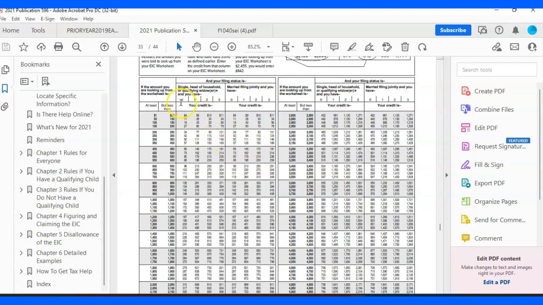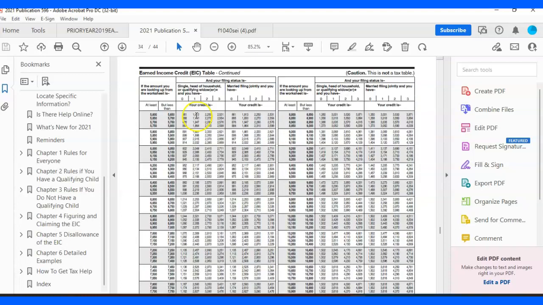We deal with 0 to 3, which means a person with no children, filing status and the money amount, a person with filing status with 1 child, 2 children, 3 children, based on income in all 4 different situations. This is the chart we'll go to look that up versus filling out the worksheet. Like I said, the worksheet is cumbersome, so this is the quickest way to get the answer.